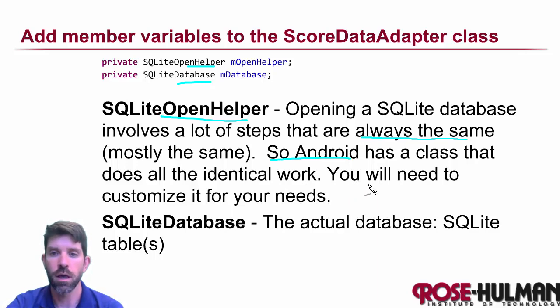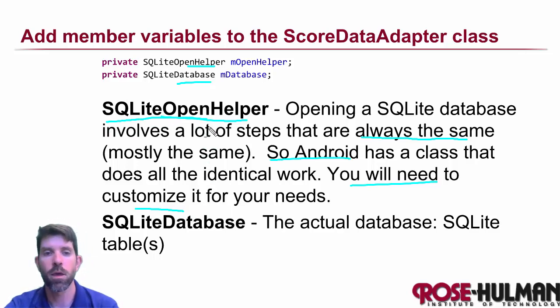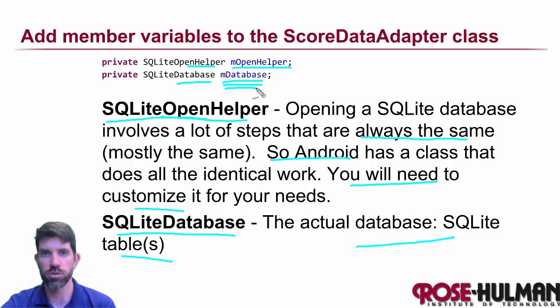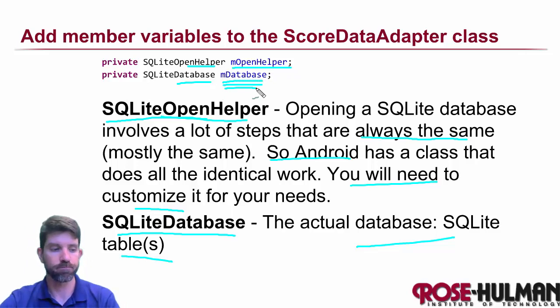So very nicely. We're going to do some quick customization for it. So we're actually going to override this class in a minute. And then there's the database itself, okay, so that contains the tables and so on, right? So we have an instance of the database, right? So we use the Open Helper pretty much in the beginning to get it set up, and then we'll be making calls to the database frequently as the program is running and we want to update it.